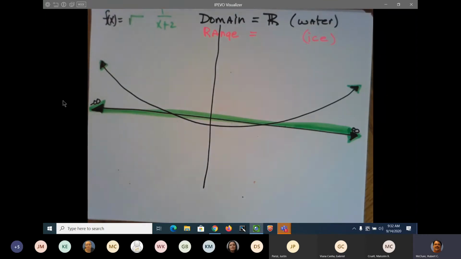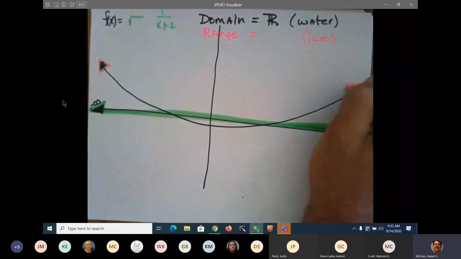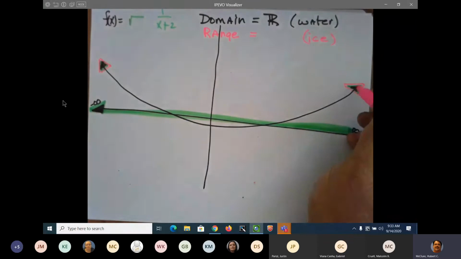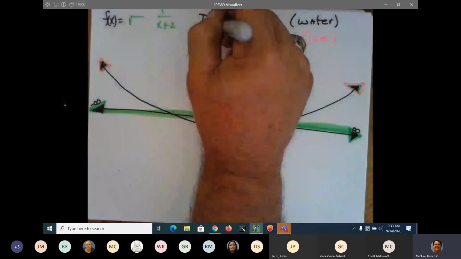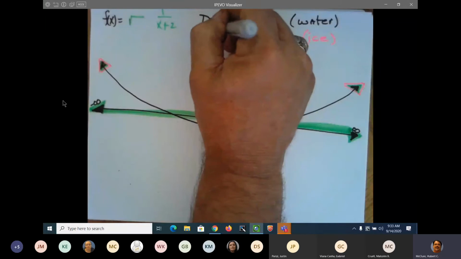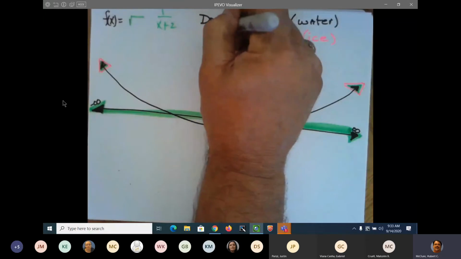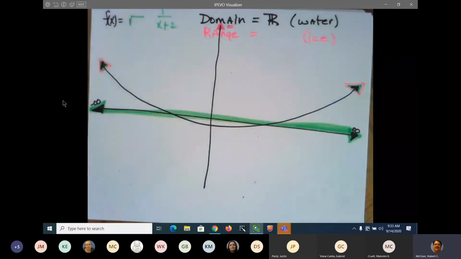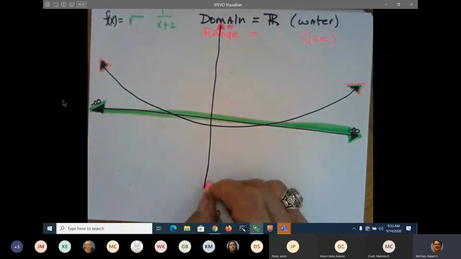Well, again, the arrowheads play. If you have arrowheads on a function, then that arrowhead not only applies to the horizontal, but it also applies to this vertical arrowhead right here, which is called positive infinity. And this arrowhead down here is called negative infinity.